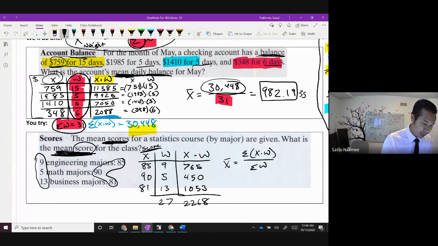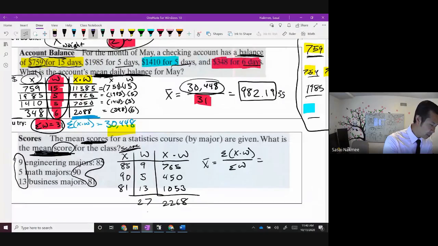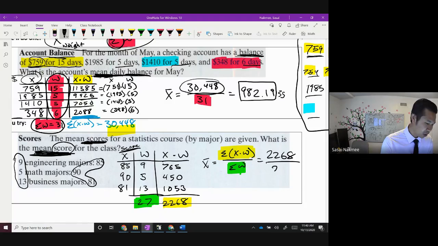So the average is going to be equal to 2,268 on top, the sum of the X times W values, and on the bottom the sum of your W values, which is in this case 27. Did you guys get a perfect number for this, by the way?